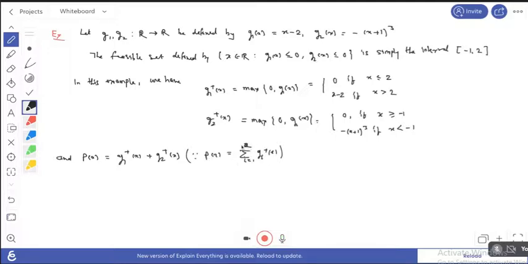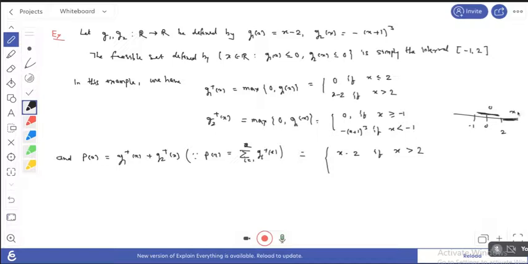Now if we combine g1 plus and g2 plus, your function p(x) is defined like this: the value is x minus 2 if x is greater than 2, because on the real line, this is 0, this is minus 1, and this is 2. Here x is greater than 2, so your function is defined by this expression. When x is less than or equal to 2 and greater than minus 1, in that interval your function is 0.